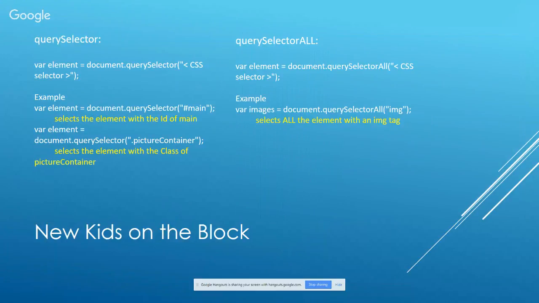So this is the new kid on the block, the new way of actually going through and finding those selectors. It's query selector and query selector all. The thing that's powerful about this is you don't have to specify whether it's an ID or a class or whatever. It just searches through all of the elements and finds the one that you selected. So that's what a query selector does.